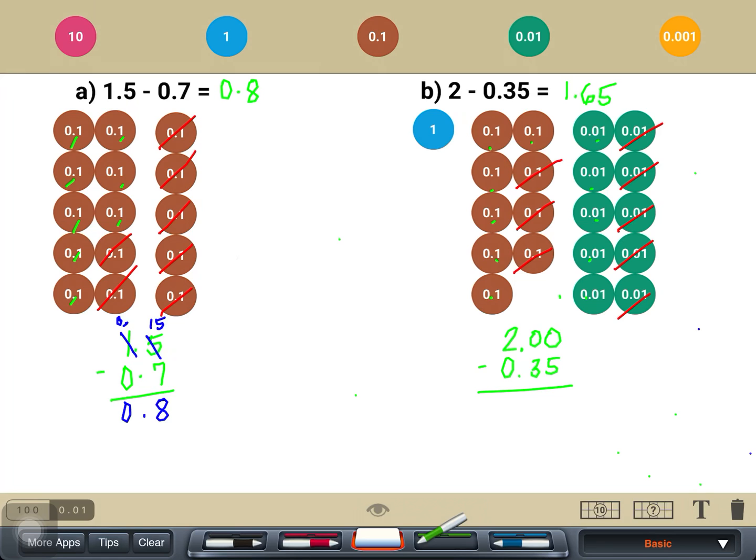Okay, so 0 hundredths minus 5, there's none there, so 0. I will be getting from the tenths place, but then again there's nothing on the tenths place, so I can get from the whole number.